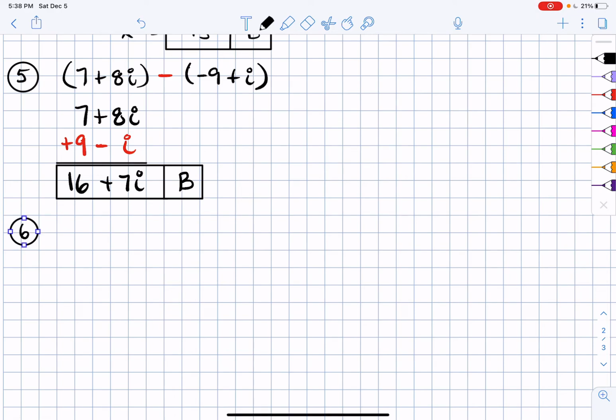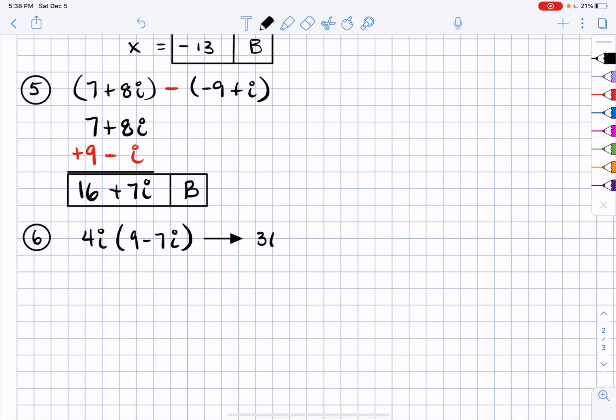Number 6. I got 4i times 9 minus 7i. All right, so I got to distribute this. So I'm going to have 36i minus 28i squared.